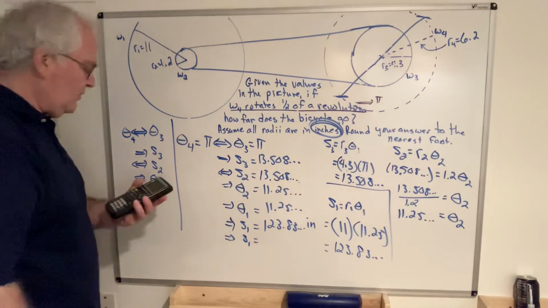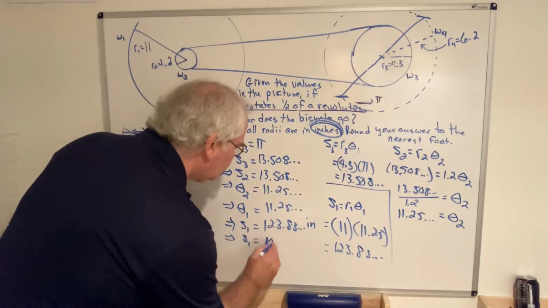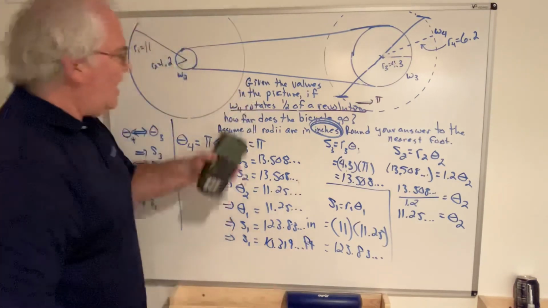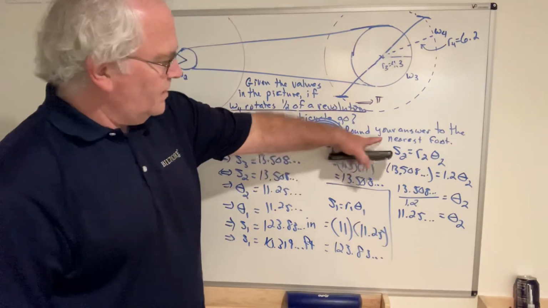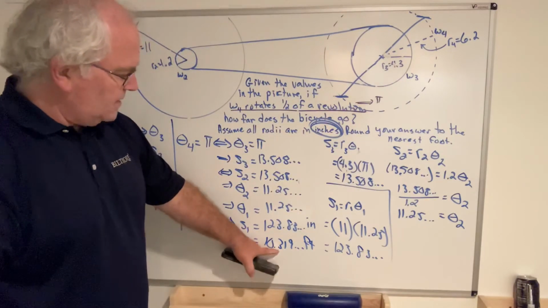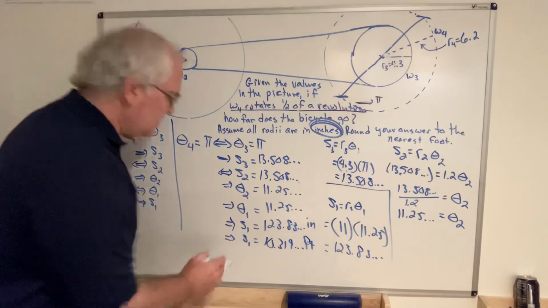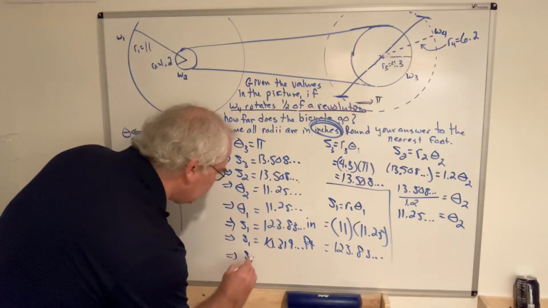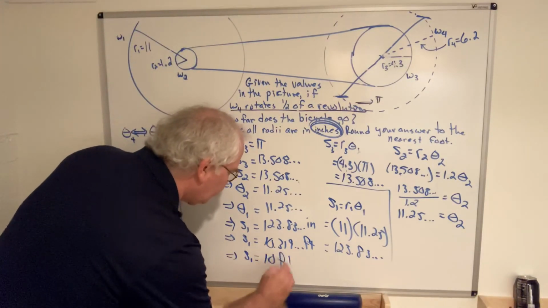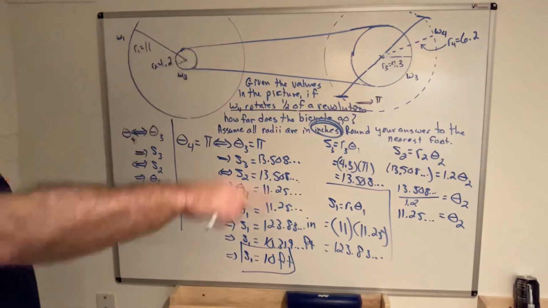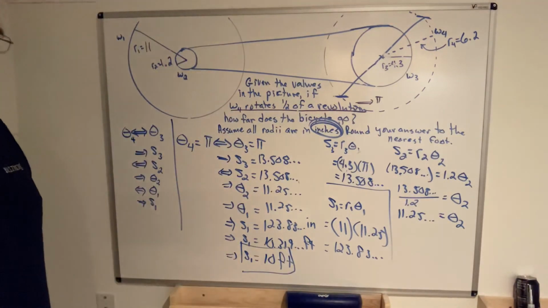I get 10.319. This is now feet, and round it to the nearest foot. 10.3 rounds to 10, so S1 is equal to 10 feet as our final result. So 1/2 revolution of your feet gives you 10 feet of movement on the bicycle.